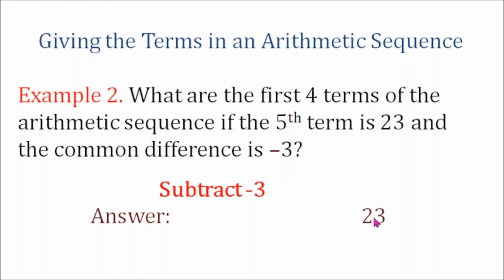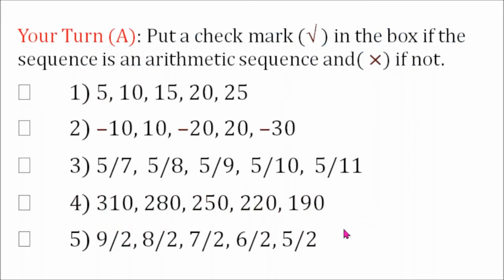So 23 minus negative 3 is 26. 26 minus negative 3 is 29. Then 29 minus negative 3 is 32. And 32 minus negative 3 is 35. So the first 4 terms are 35, 32, 29, and 26.